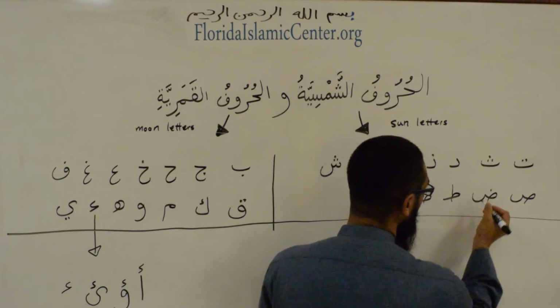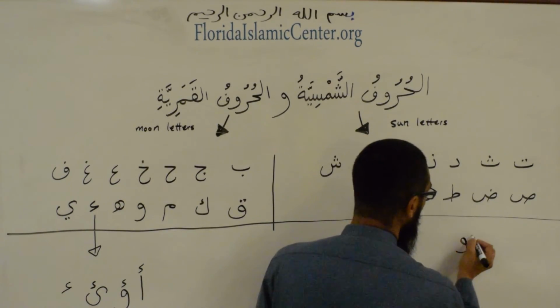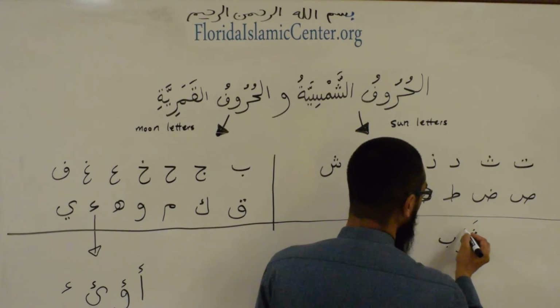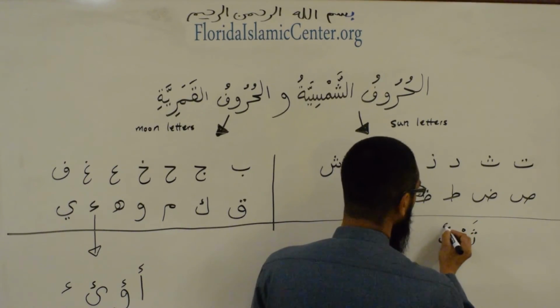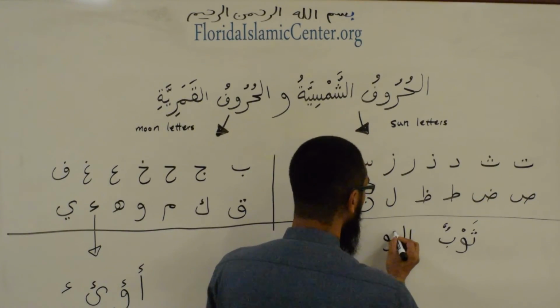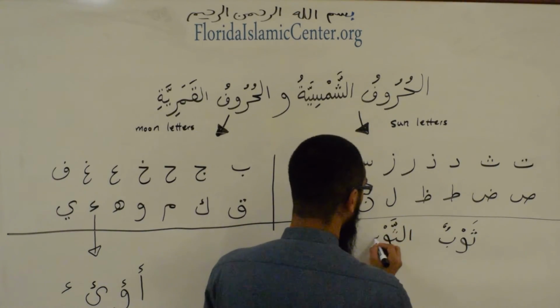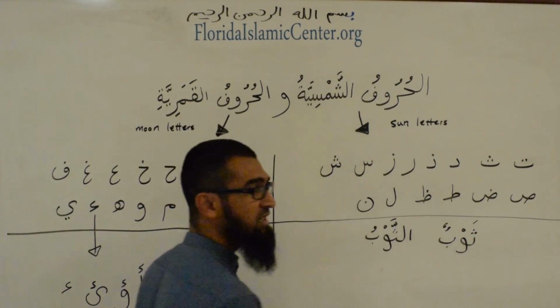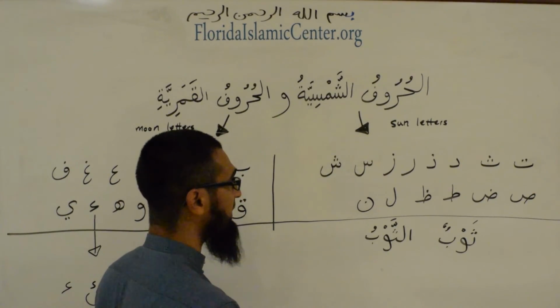For instance, the word thawbun, the thawb, the Islamic garment that people wear. You put alif lam and it becomes ath-thawbu. Why? Tha is a sun letter. That is why.